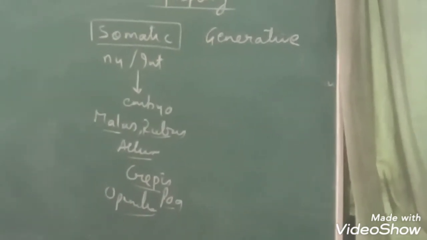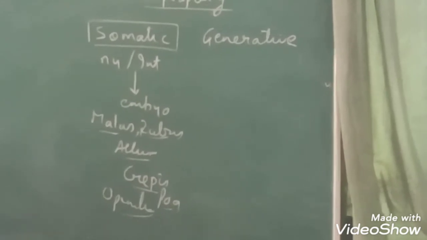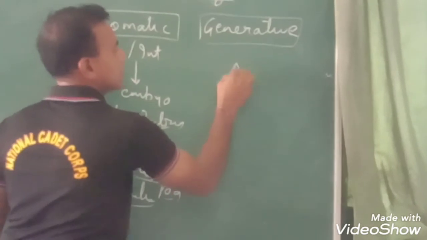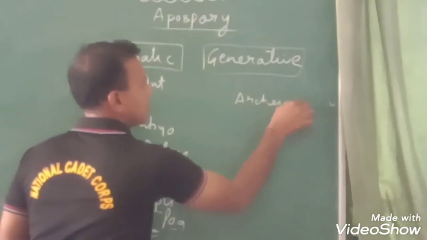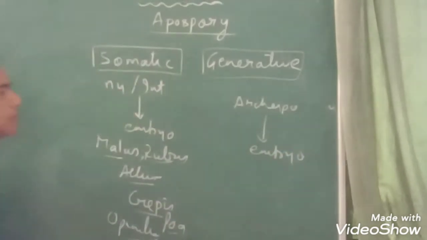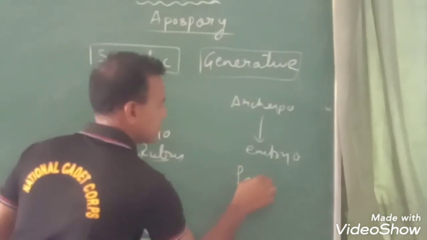Whereas in generative apospory, the embryo develops from the embryo sac that has originated from the archesporium. A very common example of this is Parthenium.